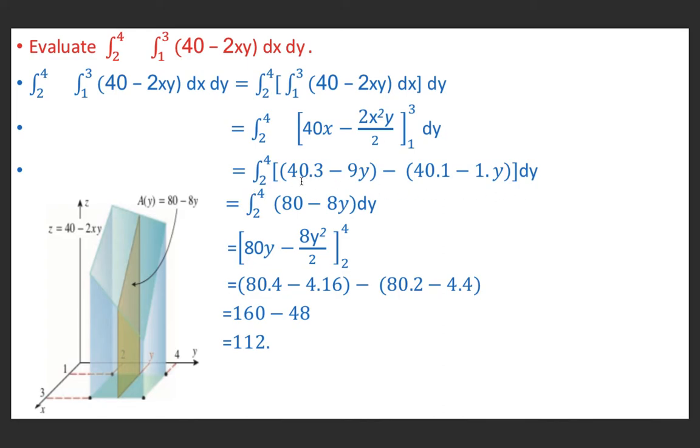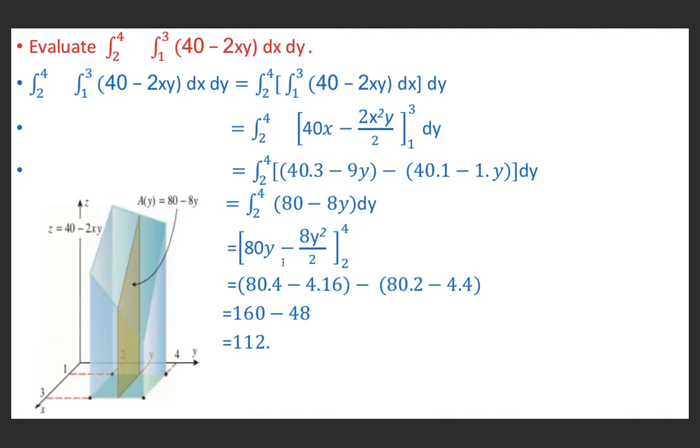If you simplify this, it is nothing but 80 minus 8y. This is the function 80 minus 8y. So if you integrate this with respect to y, it is 80y minus 8y square upon 2.